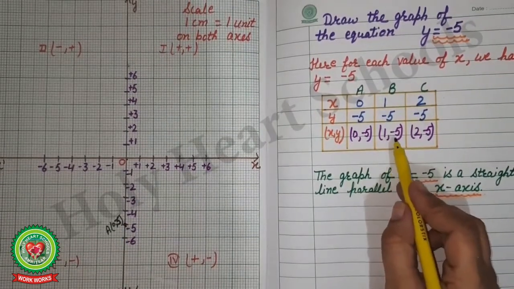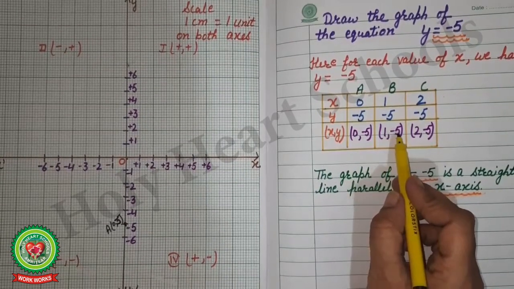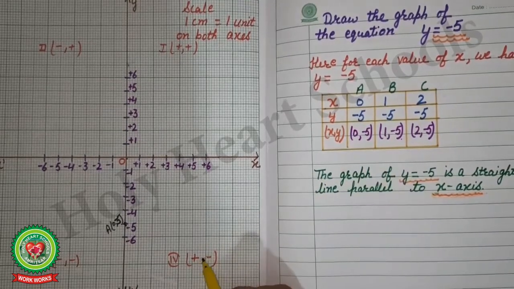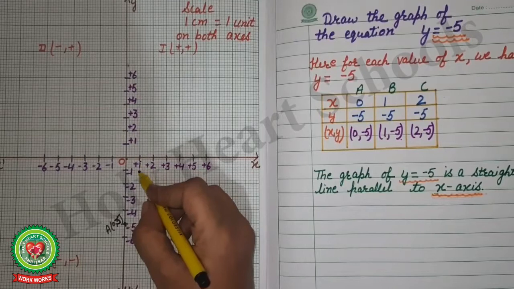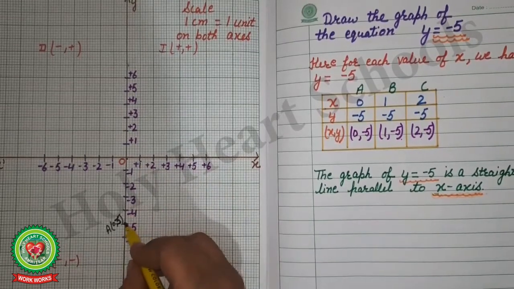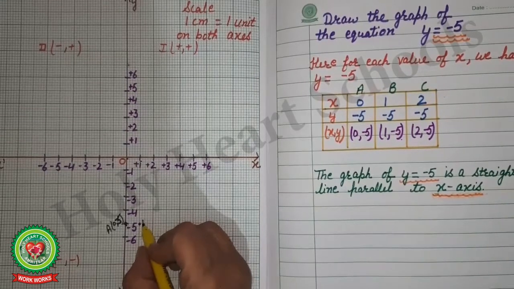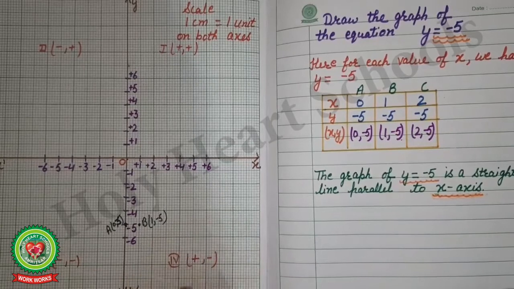Next is (1, -5). X coordinate is plus 1, y coordinate is minus 5, plus minus, so it lies in the fourth quadrant. 1 unit of x and -5 units of y. So it will lie here, and name it B (1, -5).